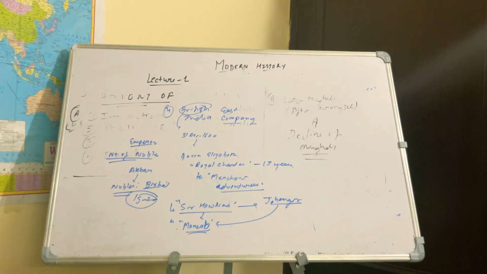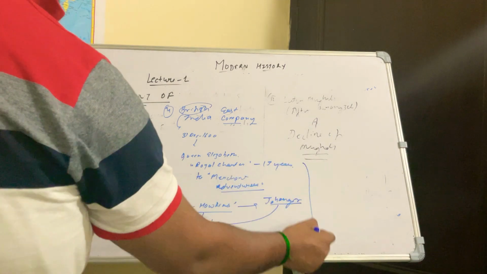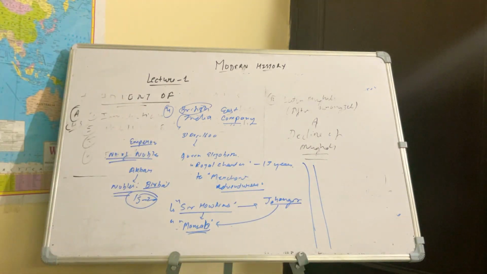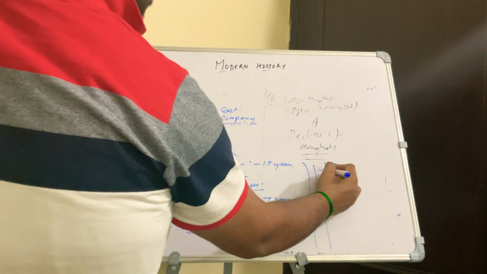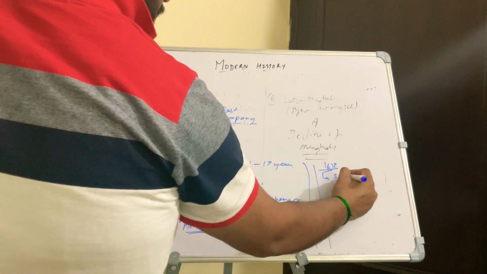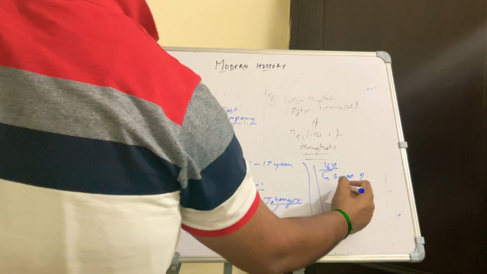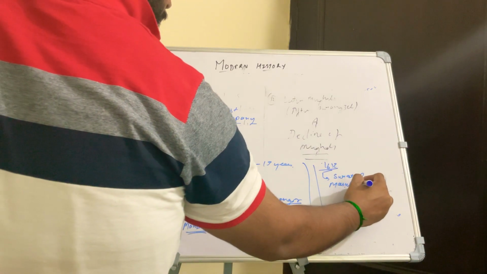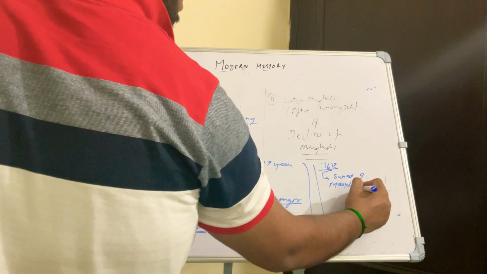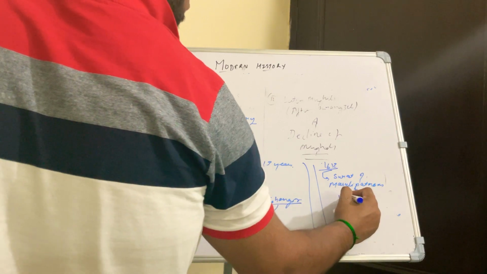By 1612, English completed the construction of warehouses in Surat and Masulipatam. So they started their establishment, and by 1612, Surat and Masulipatam warehouses were created.